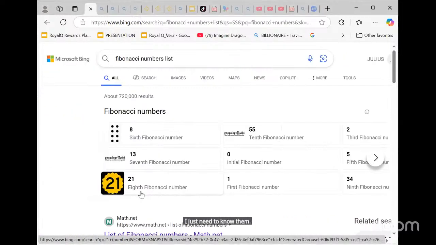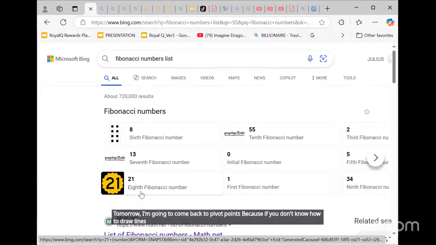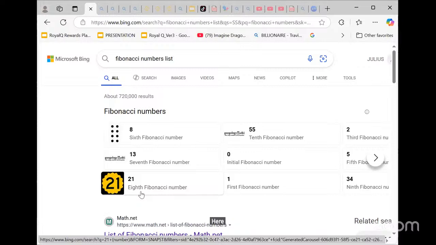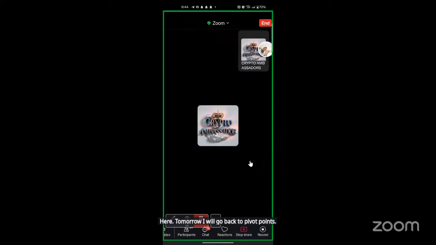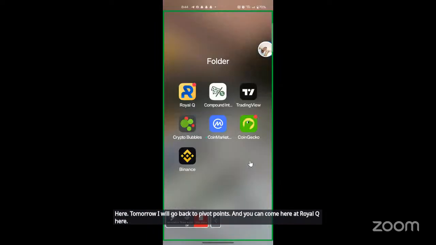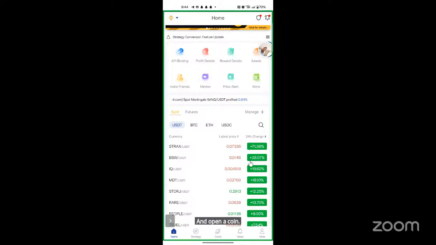That's why tomorrow I'm going to come back to pivot points. Because if you don't know how to draw lines of support and resistance, you can come here to Royal Q, tomorrow I will go back to pivot points. And you can come here to Royal Q and open a coin, any.